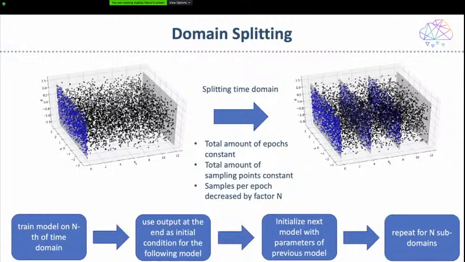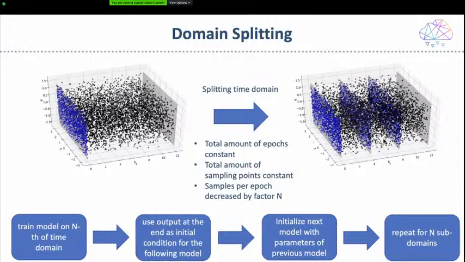Then they use the output, basically this second blue plane, as the new initial condition for the next network, and they also use the parameters of the old network for the new one, such that they hope to converge faster. They do this n times for n domain splits, and also have n models. So in this case, 3 models, and they optimize 3 models and repeat this 3 times.